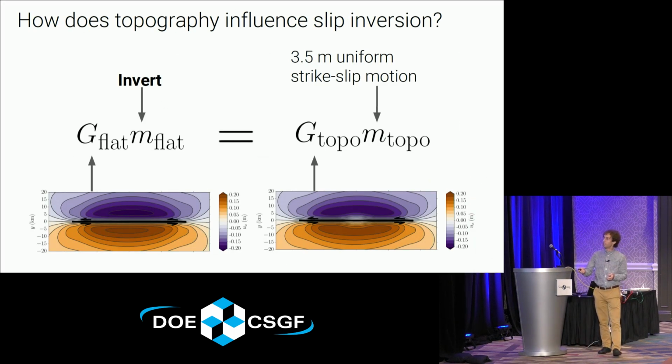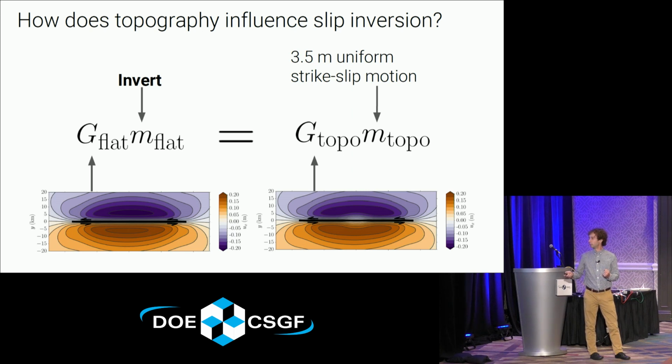So I'm going to start with a set of motions along the fault, propagate that with a forward model to the set of what we might observe in terms of displacements on the Earth's surface. So that then, this is map view again.